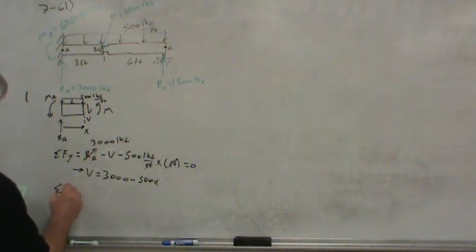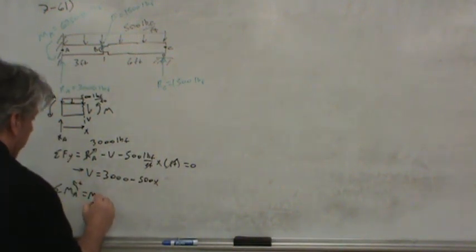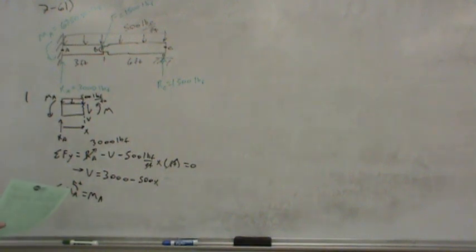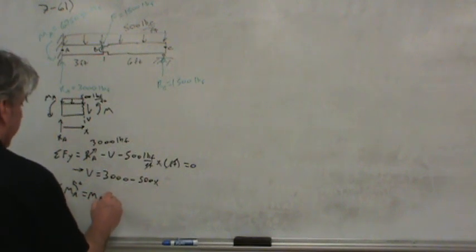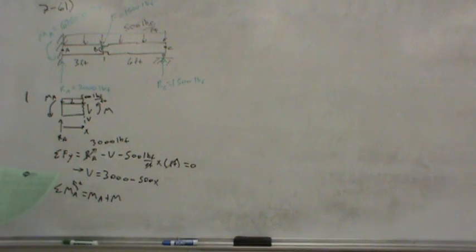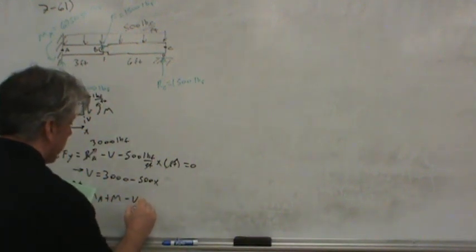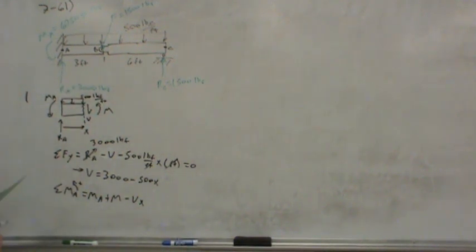Let's sum moments about point A, taking counterclockwise as positive. As we discussed, one of the external moments is the reaction moment at A that contributes to the sum of all the moments about point A. However, now we've got a moment within the beam as well, called M. If we're summing moments about point A, the shear V causes a moment at position x, because the moment of the shear is Vx, and it's a negative moment with the way we've drawn this.